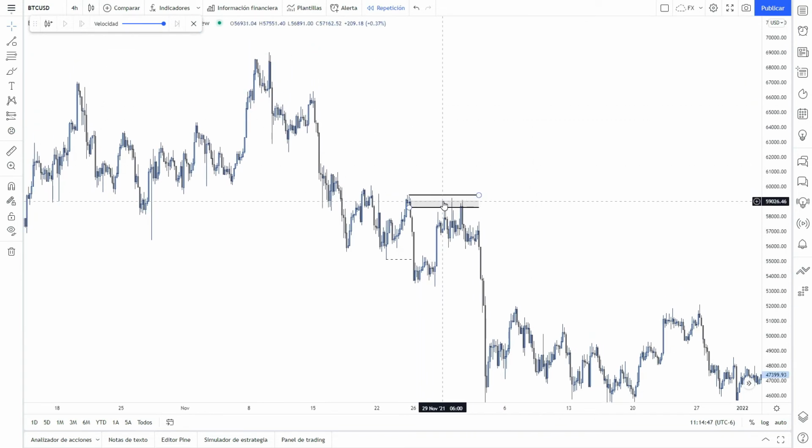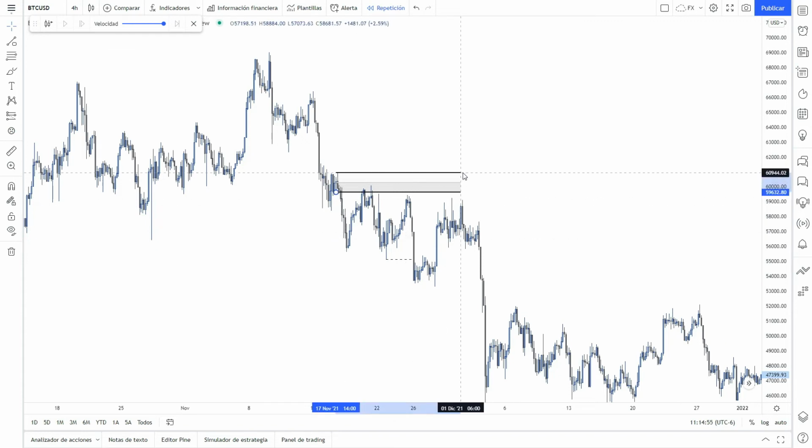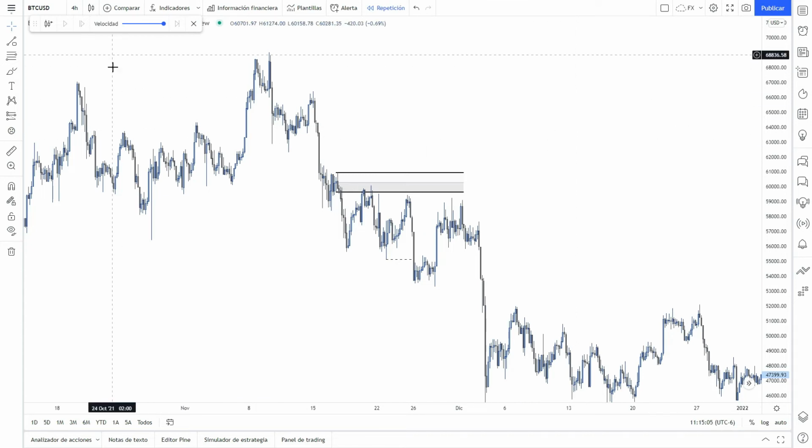And if we do the same thing again, here we have another one. My last candle before the movement, this strong push to the downside, made a new lower low. So we need to follow our checklist.